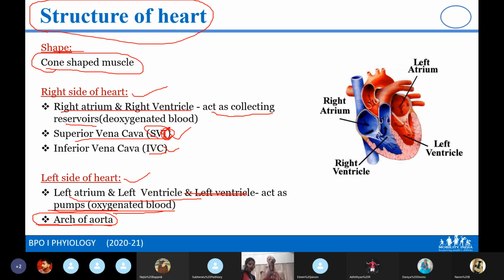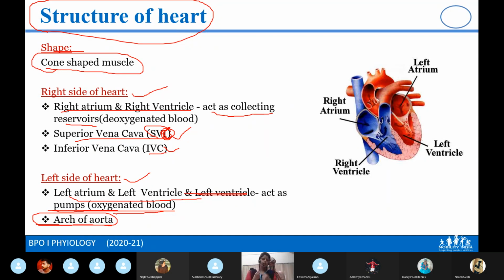Okay, so again right side of the heart, your body. Okay, this is the right side of the heart and left side of the heart. Right side of the heart receives blood from different parts of the body. Left side of the heart gives blood, okay, via pumping action to different parts of the body.